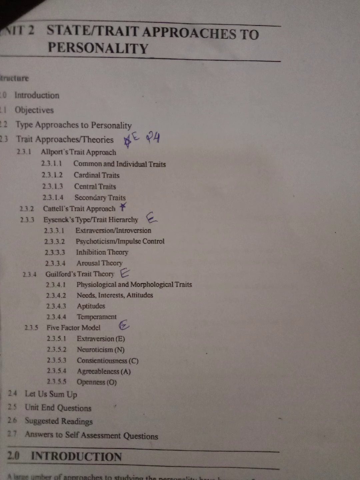Then there is Eysenck's inhibition theory and arousal theory. In the Guilford model, we discussed the individual's physiological and morphological traits, need, interest and attitude, aptitude, temperament, etc. Last one is the five-factor model, that is OCEAN.